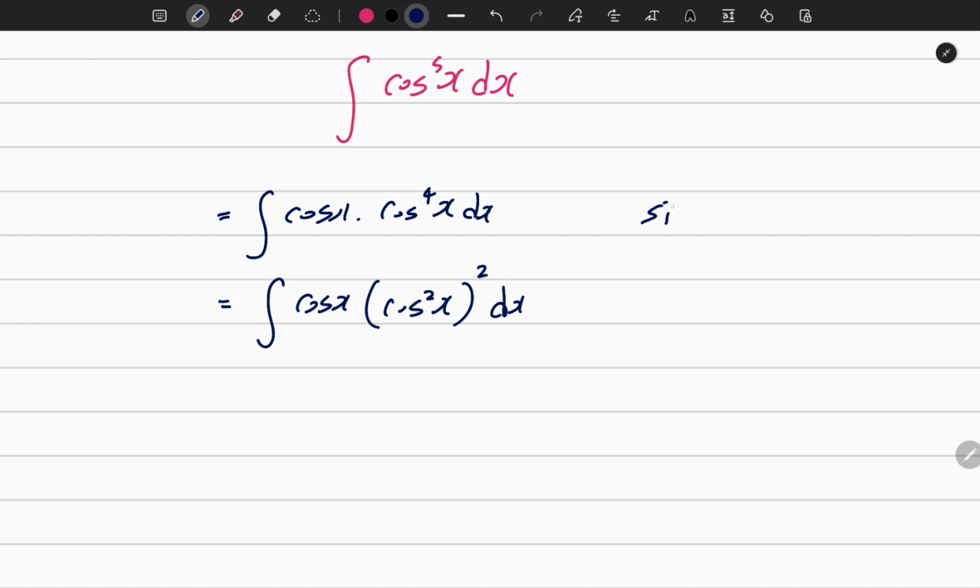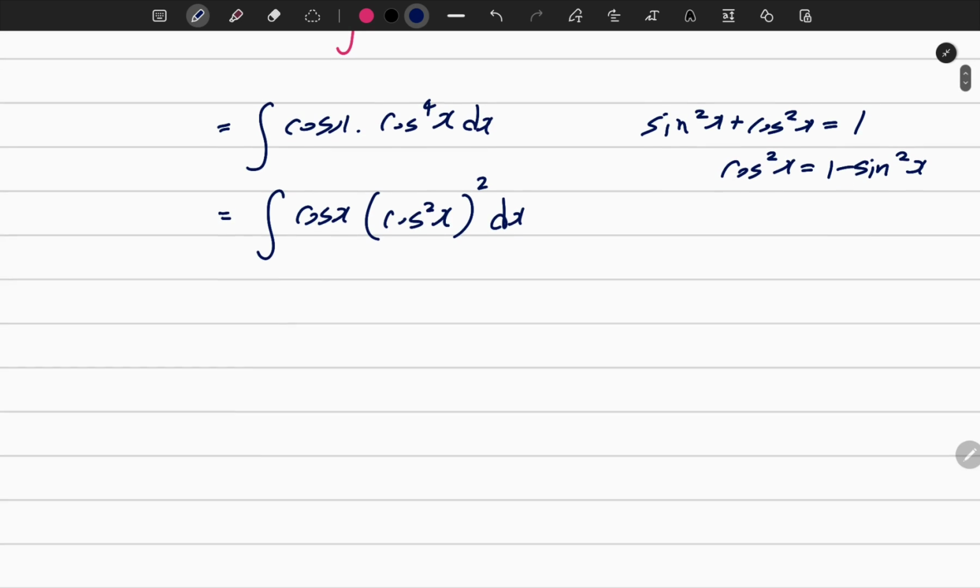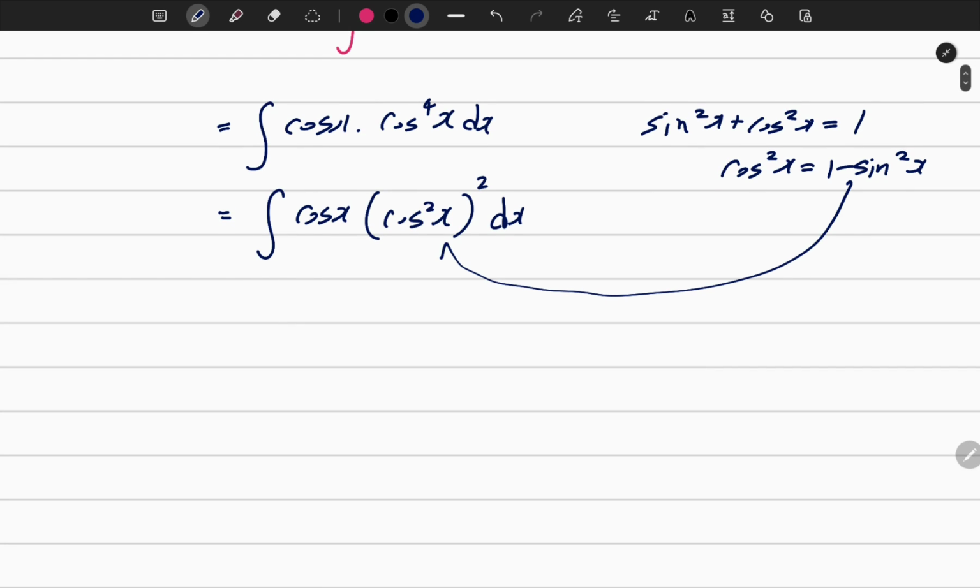Now I know that sin square x plus cos square x is what? This is 1, right? So cos square x is 1 minus sin square x. So I'm going to substitute that here. This is integral cos x times 1 minus sin square x to the power 2 dx.